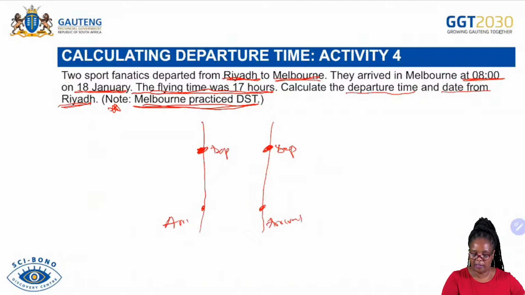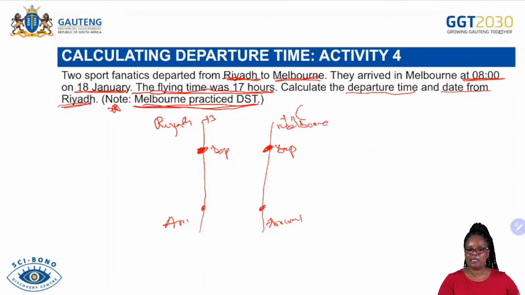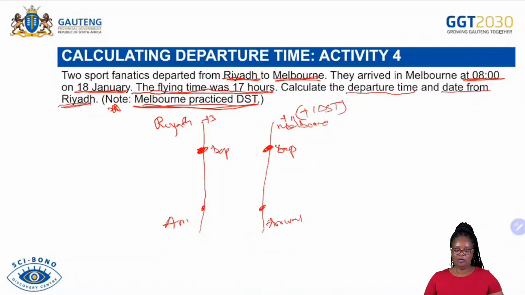We have found that Riyadh is at +3, and at +11 is Melbourne. And remember this +11, where did we get this +11 from? We got it from adding 1 hour DST. Next. So your calculation has to look like this for now.